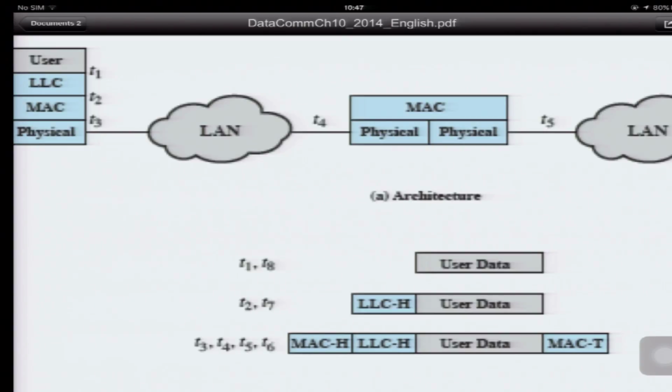Then it goes to the bridge. The bridge has a physical layer and a MAC layer. At the physical layer, no problem, so let's go to the MAC layer.